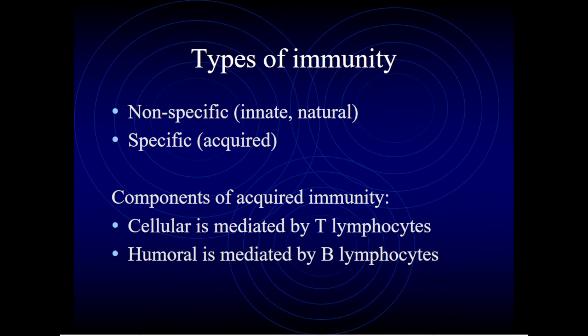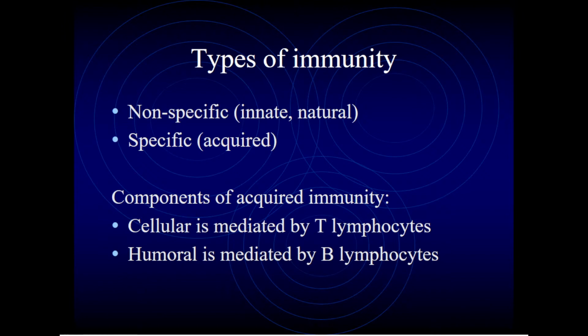Acquired immunity or specific immunity is the ability of leukocytes, lymphocytes to produce antibodies that are specific for one of the many millions of foreign agents that may invade the body.